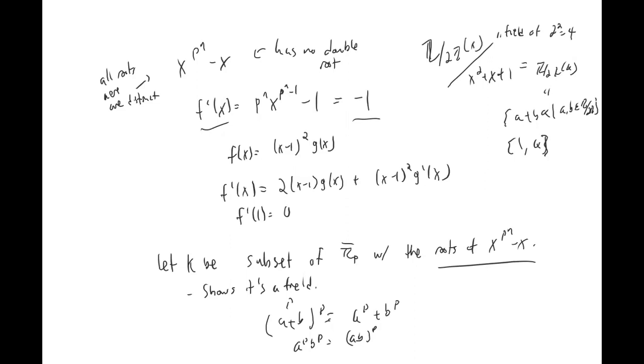Take the matrix for multiplication by alpha, with basis 1, alpha, up to alpha to the n minus 1.